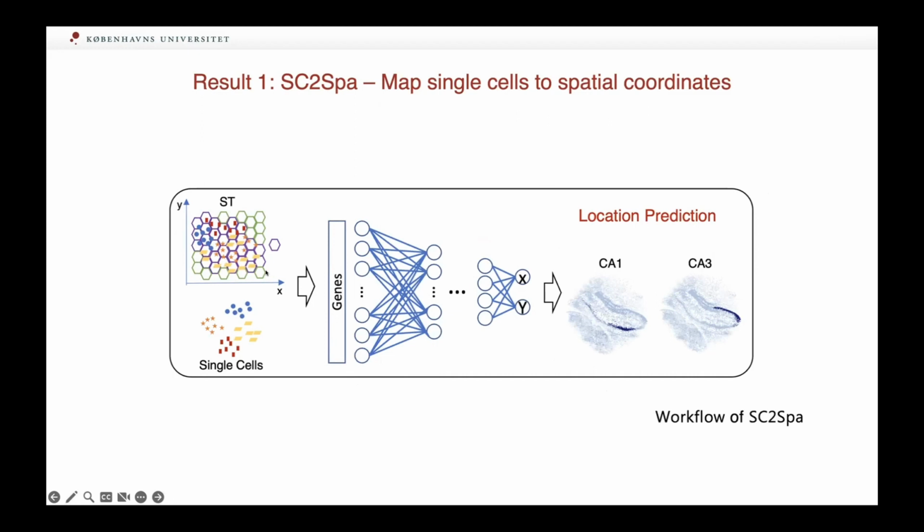After training, the model can learn how the gene expression influences the location of a single cell or a voxel, and then we can use the trained model to predict the location of the single cells. And here are two examples that show our prediction.